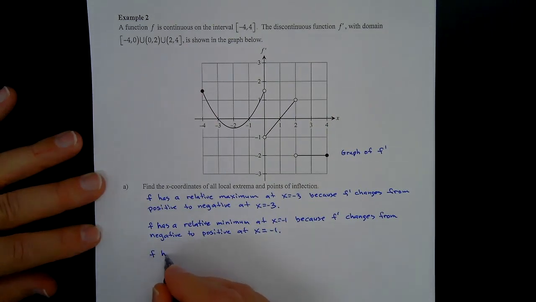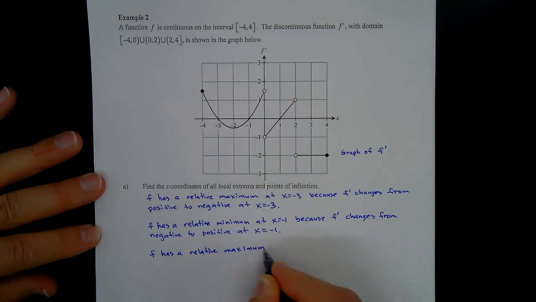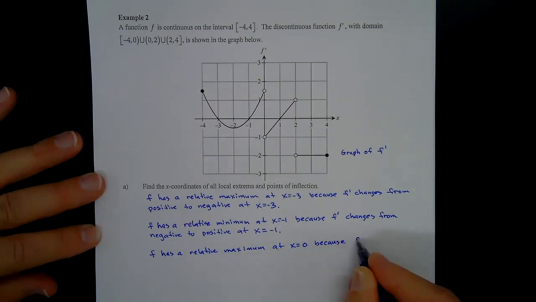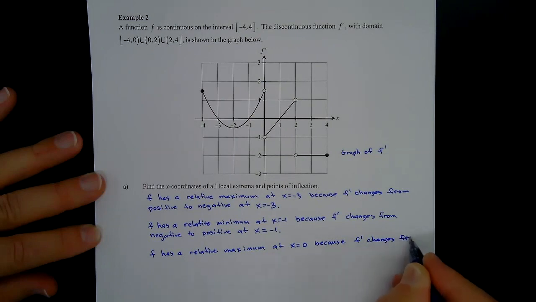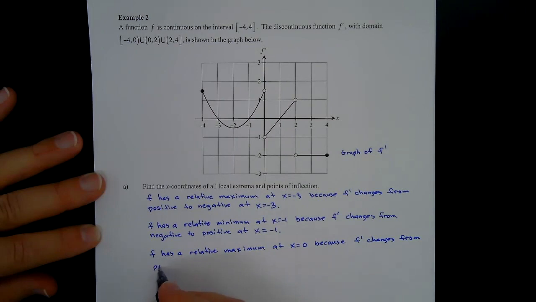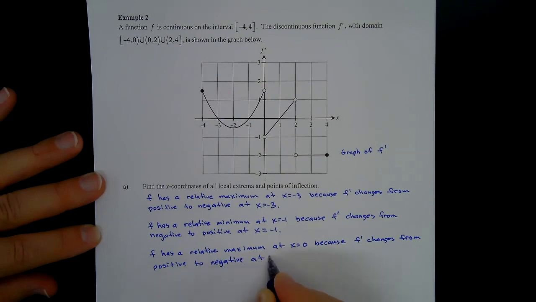So f has a relative maximum at x equals 0 because f prime changes from positive to negative at x equals 0.